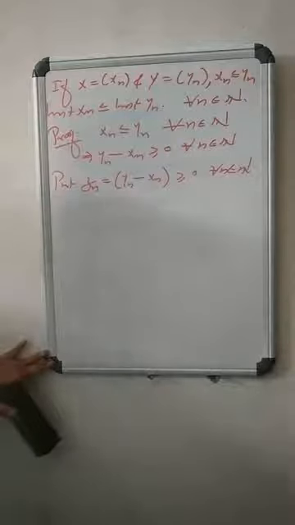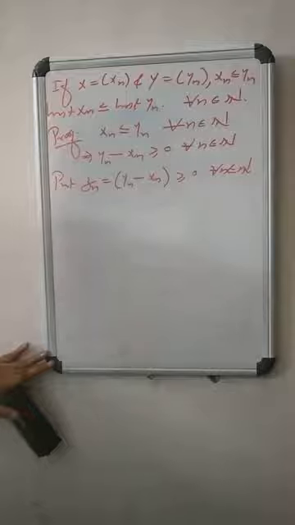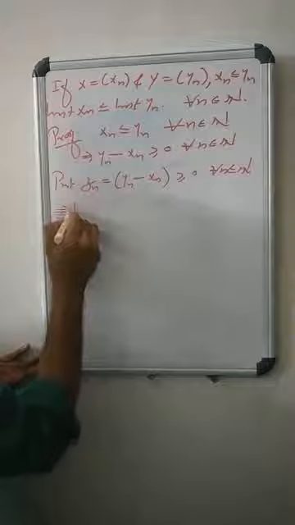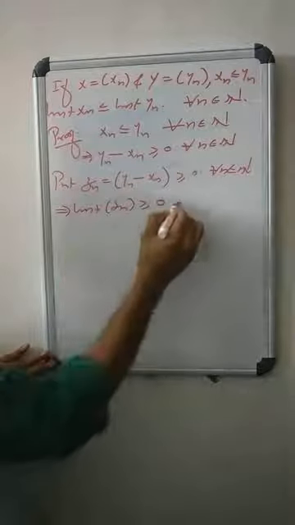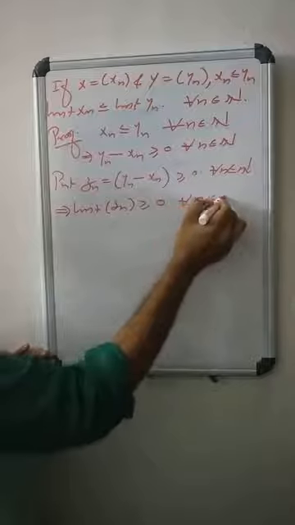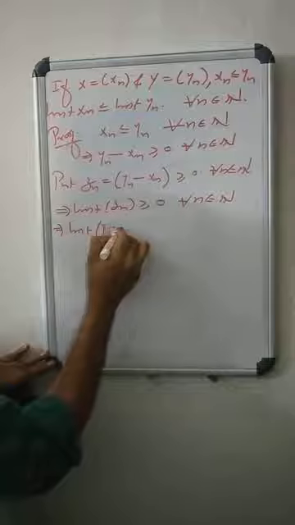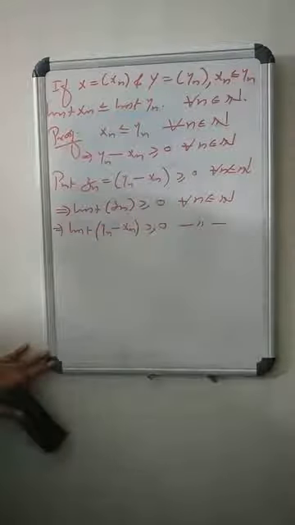By the previous theorem, we know that when xn is greater than or equal to 0, limit xn is greater than or equal to 0. Here zn greater than or equal to 0 implies limit zn is greater than or equal to 0 for all n in N. What is limit zn? That means the limit of yn minus xn is greater than or equal to 0.